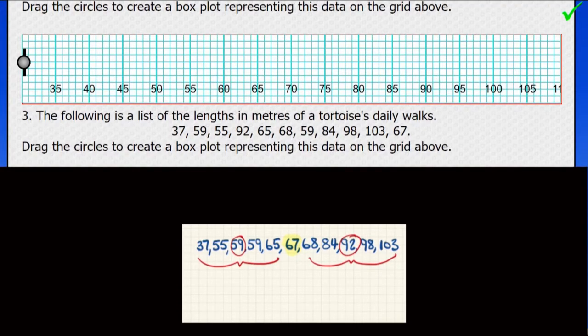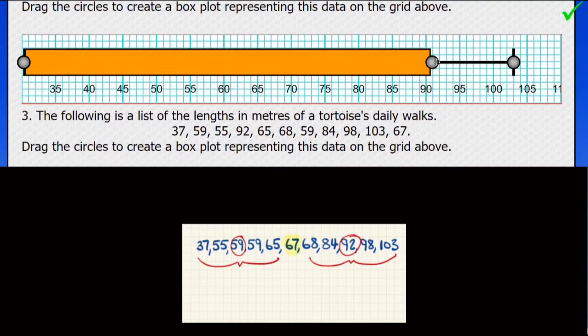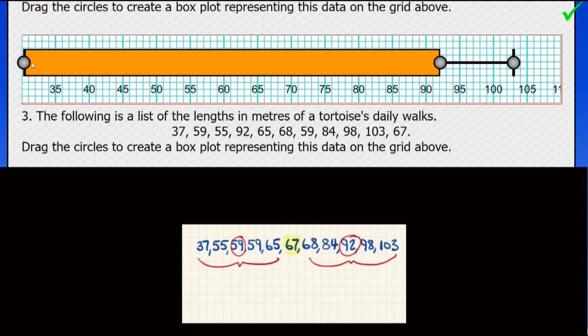So it looks like the answer is maximum 103, which is way out here. Then 92 for the upper quartile. Then 67 for the median. Then 59 for the lower quartile.